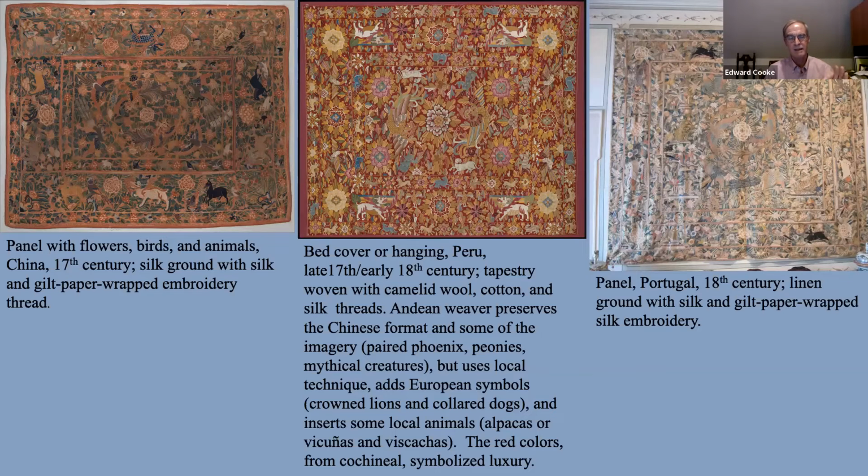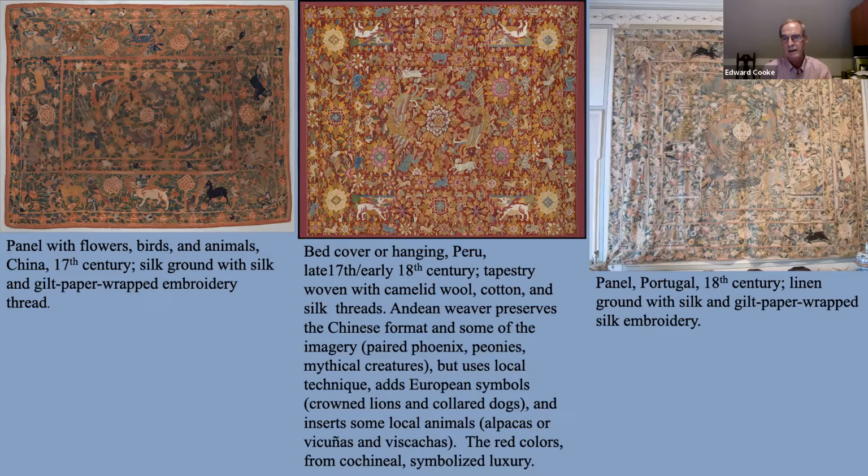And to know, again, you go from that embroidered piece to then, slightly later, a piece from Peru that at first glance just looks like it's a little bit brighter in color, but it's actually a whole different kind of technology. It's a woven hanging. It's not simply embroidered.